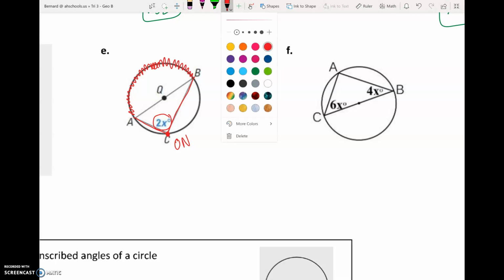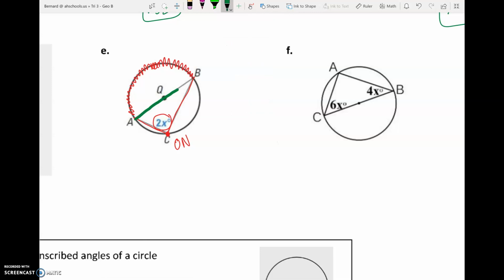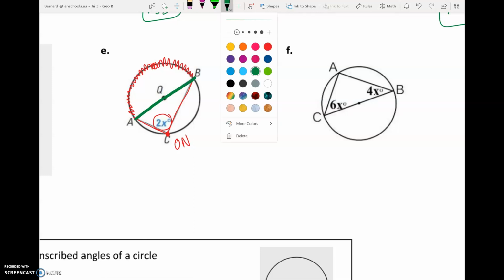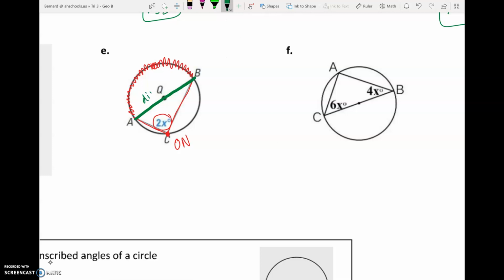However, take a look at this. I'm going to change colors to highlight it. The line A to B is what we call a diameter. A diameter is a line that has endpoints on the edge of the circle, so A and B, and it goes straight through the center. What diameters do is they cut circles in half.